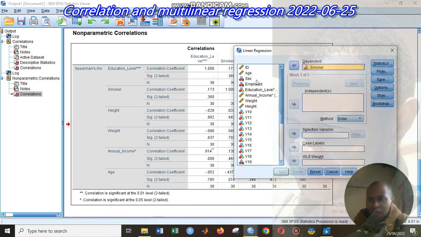We want to look at how education level, annual income, weight, and height affect or cause someone to be a smoker, or which of these independent variables most highly affects someone becoming a smoker. So the dependent variable is smoker, and we are going to push the independent variables.